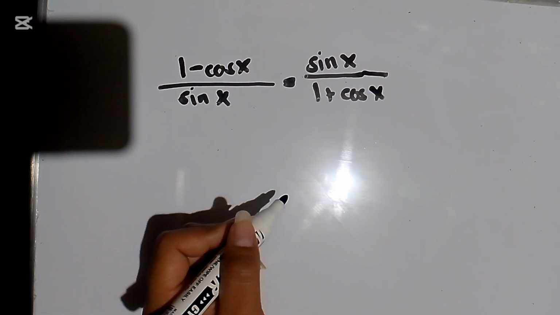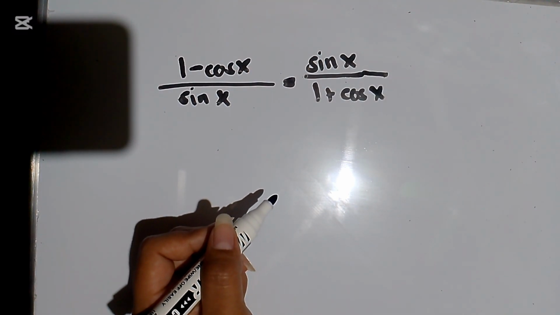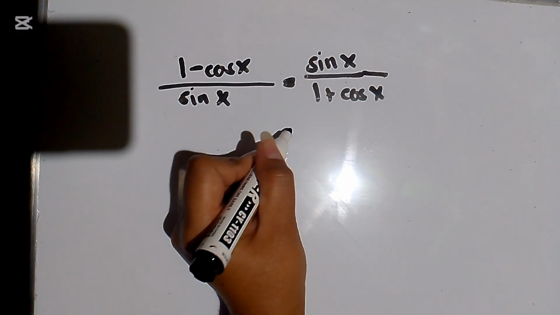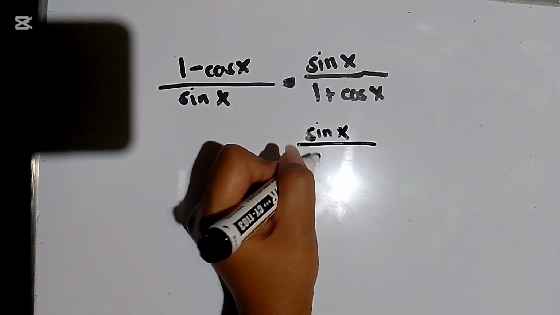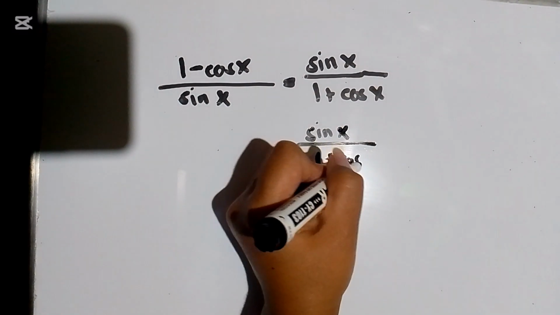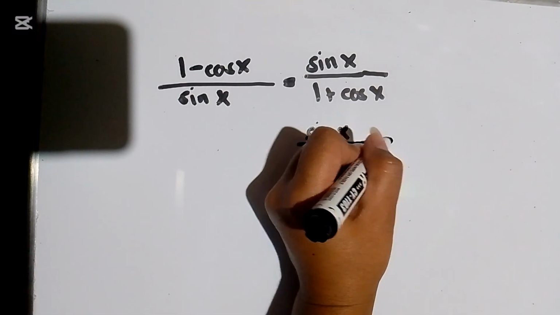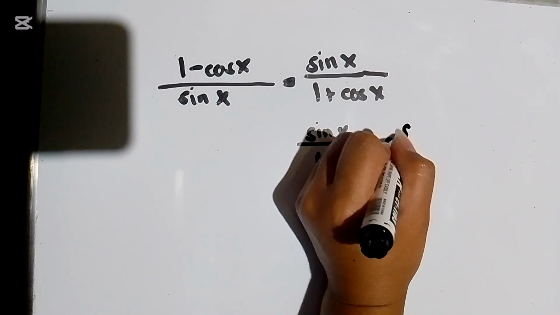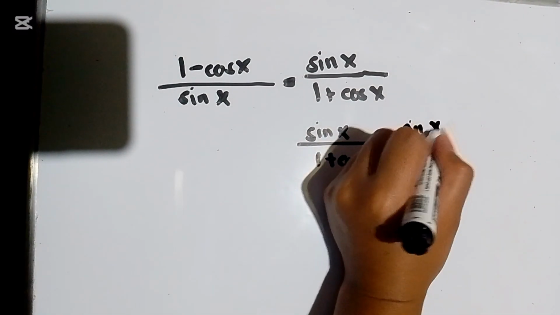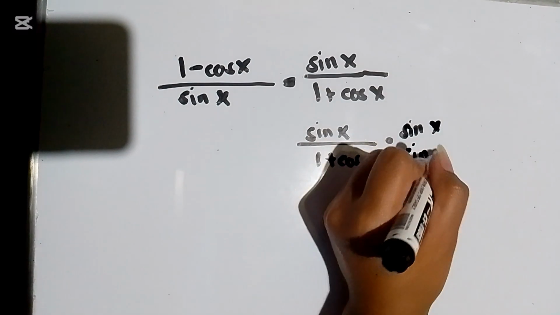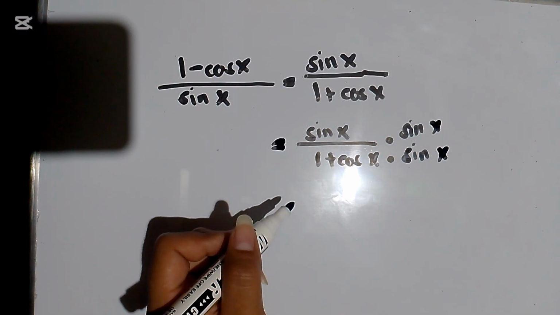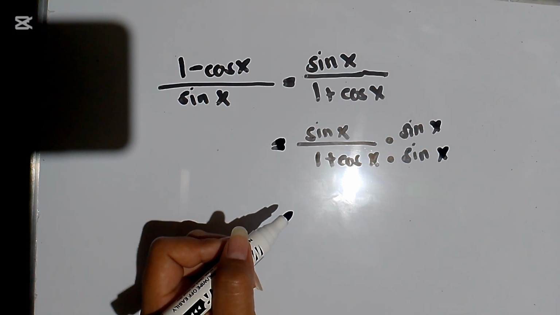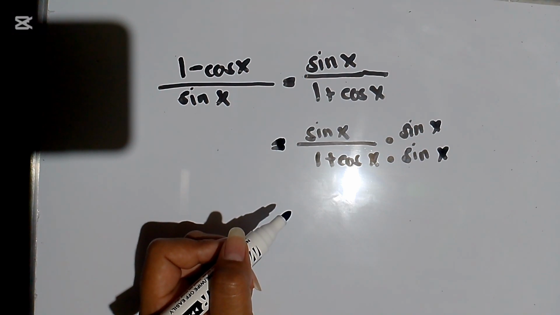The first step is to multiply both numerator and denominator by sin x, to be sin x over 1 plus cos x multiplied by sin x. Then, let's multiply sin x in the numerator and denominator.